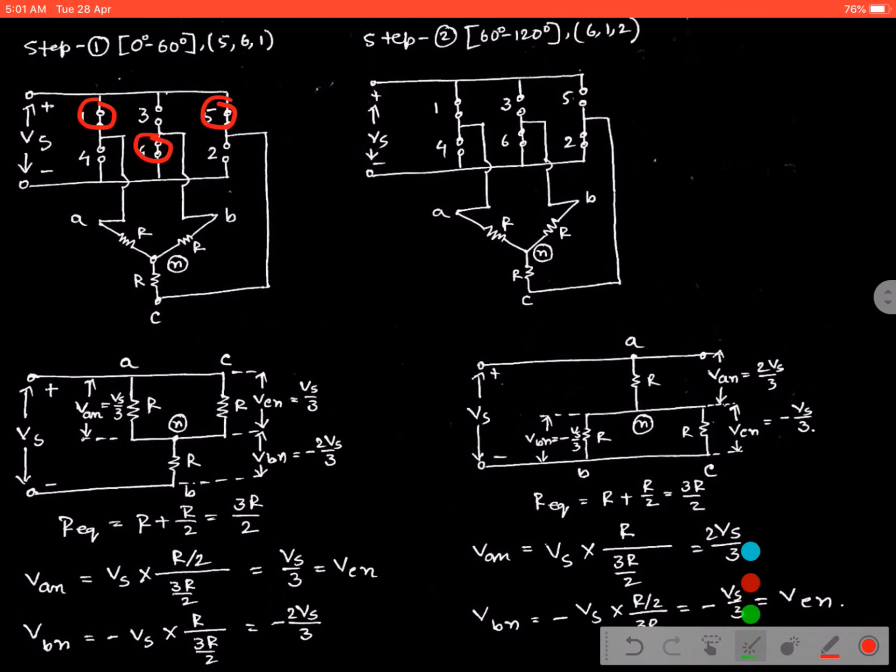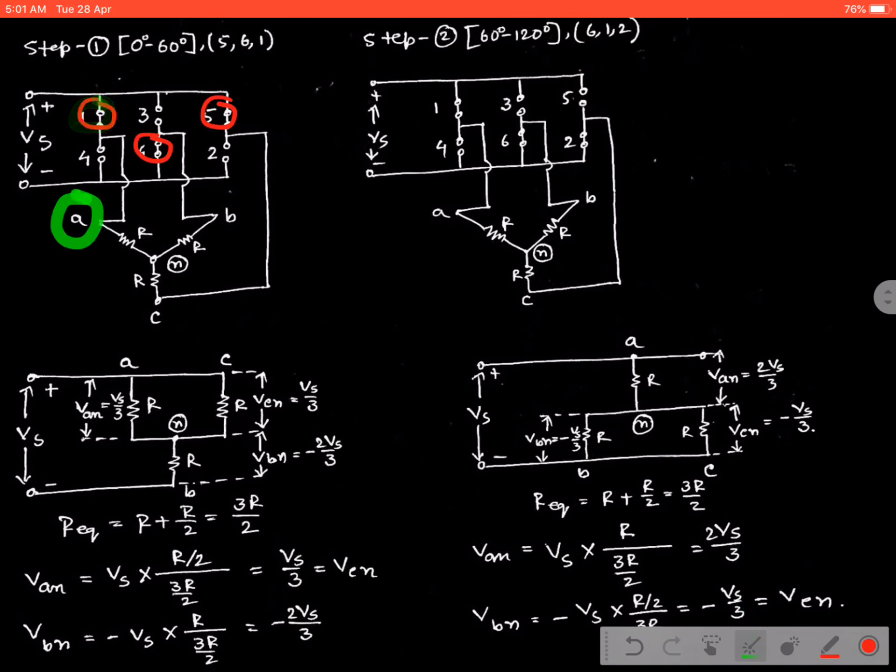That is why we can draw another equivalent circuit diagram. See, through switch 1, the point A is connected to the positive terminal of the supply, and the other part is connected through the load to the neutral point. Similarly, when 5 becomes on, then what happens?